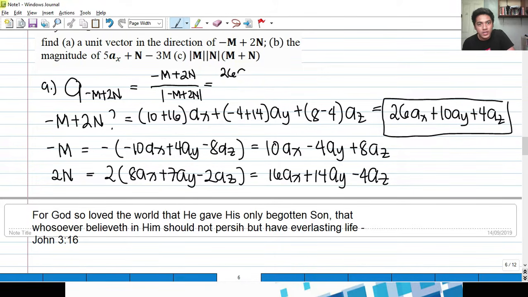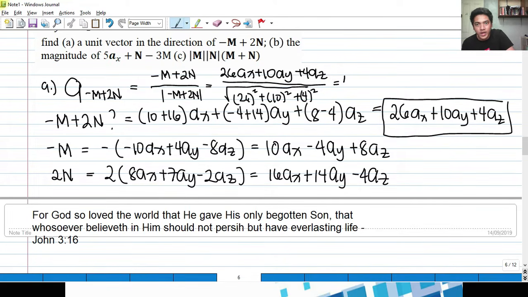And what is negative m plus 2n? That is 26 a sub x plus 10 a sub y plus 4 a sub z over the square root of the components, which are 26 squared plus 10 squared plus 4 squared.